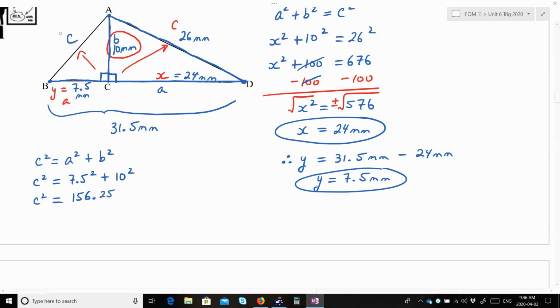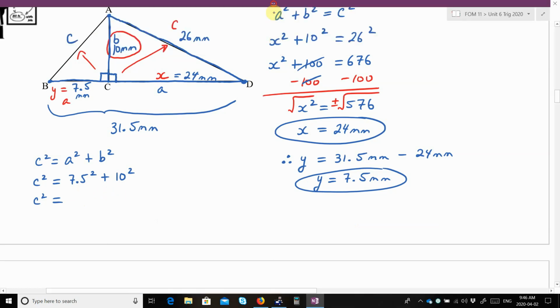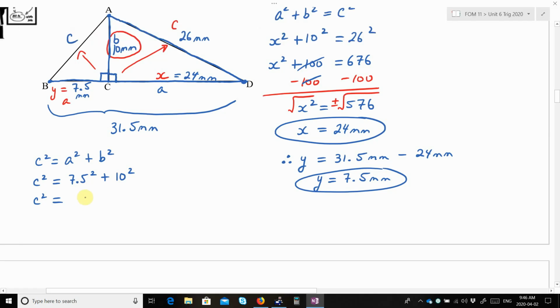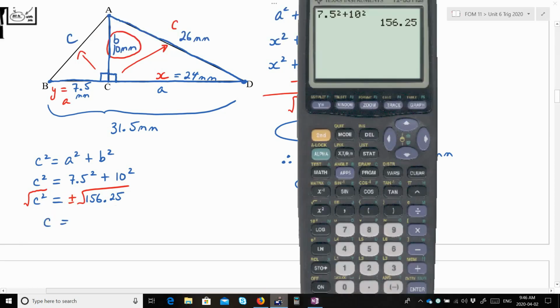And actually I better give myself a little bit more space there. Square root both sides to get C by itself. C is equal to the square root of that, which is 12.5.